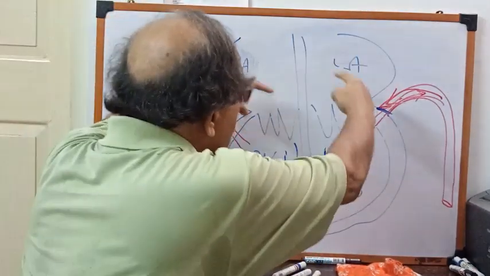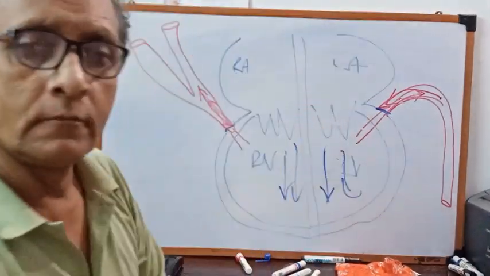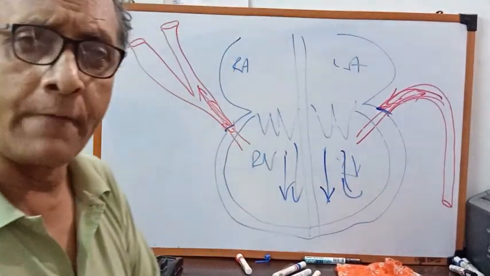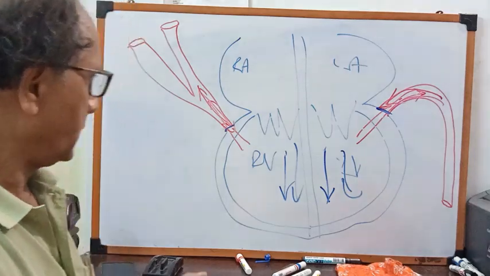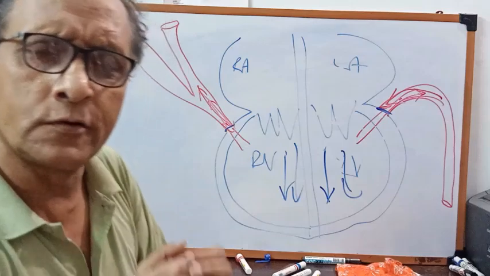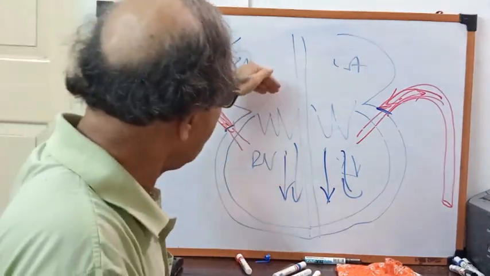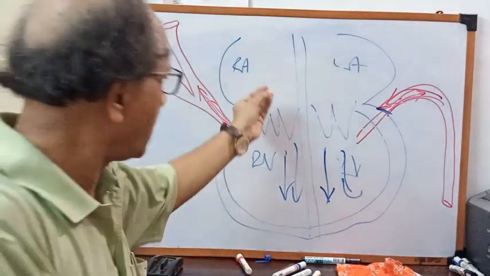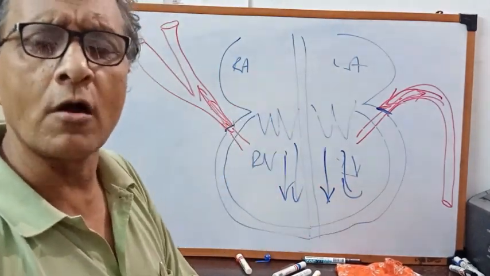So there is a pressure gradient and blood will be filling into the ventricle, that is known as the first rapid filling phase. But soon the pressure gradient is reduced. So the next phase will be the slow filling phase, very slow filling going on.